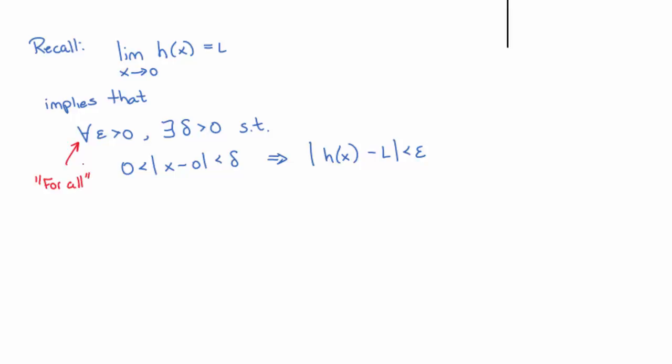For every single epsilon that somebody hands me, there exists, or in other words, we can find a delta that is positive such that the distance between x and 0 being less than delta will imply that the distance between h and L is less than epsilon.